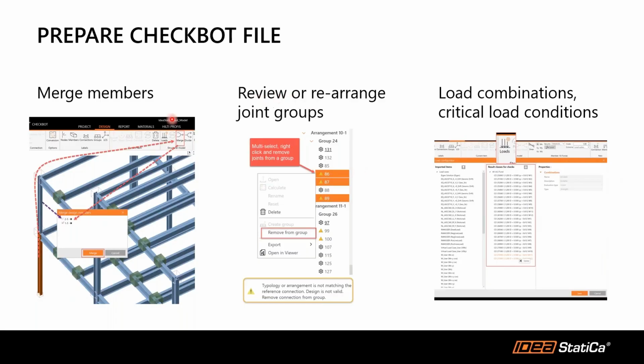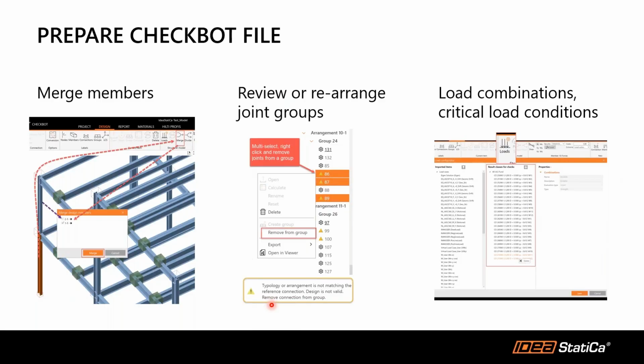Then later, because you probably changed the geometry of the node or the joints, okay? There are sometimes that you need to review or rearrange joint groups. You will see a warning icon in the list of connections, and that means that you will also see this message here.